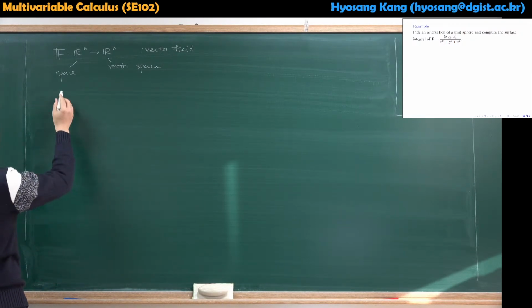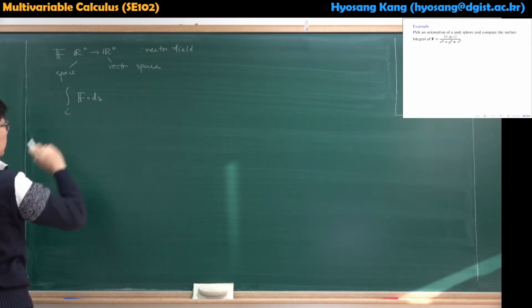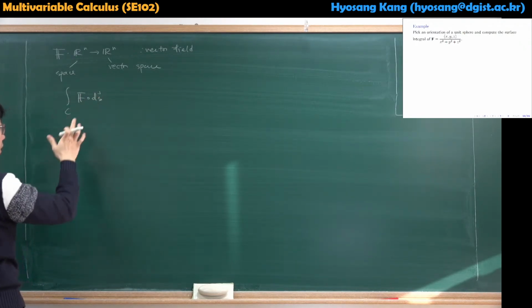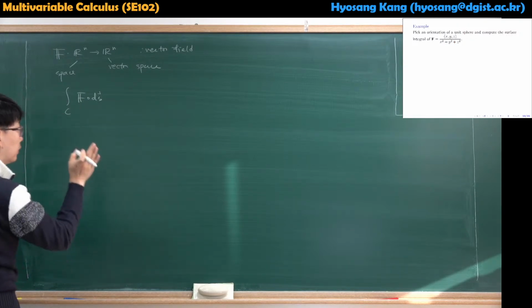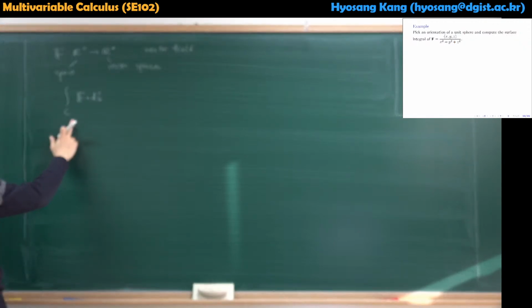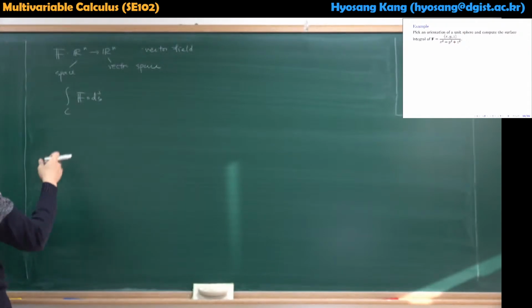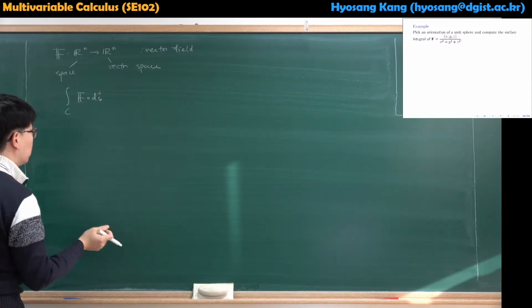And also you can define a line integral of this vector field. So usually we take a different symbol for the line integral over vector field. This symbol means that we are taking an integral over a line or a curve inside of two-dimensional space or three-dimensional space.